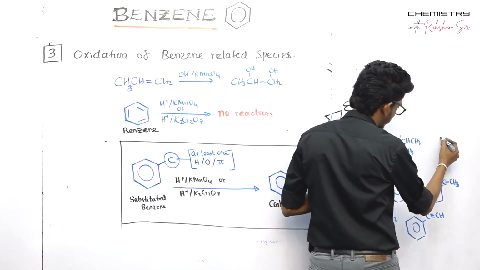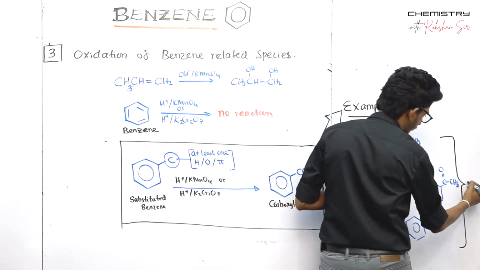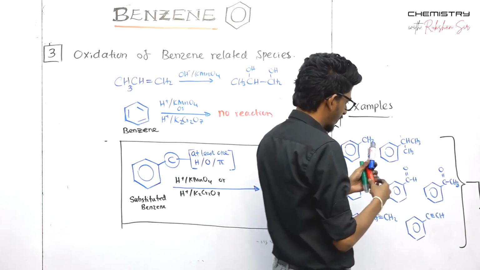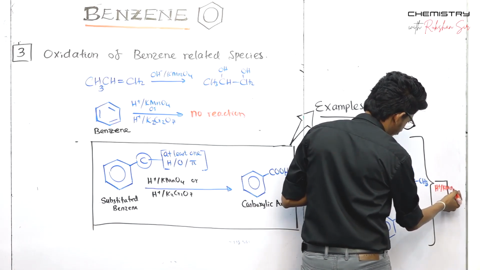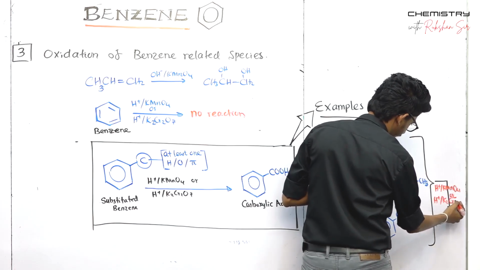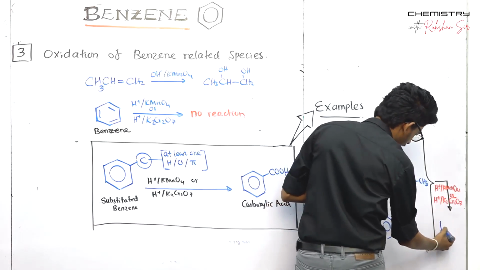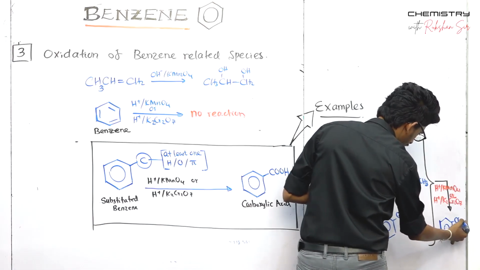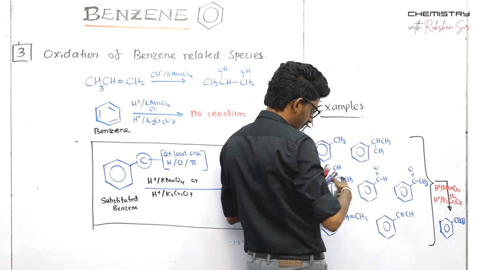will form benzoic acid if you add H plus KMnO4 or H plus dichromate. Right? All of these things will form this benzoic acid.